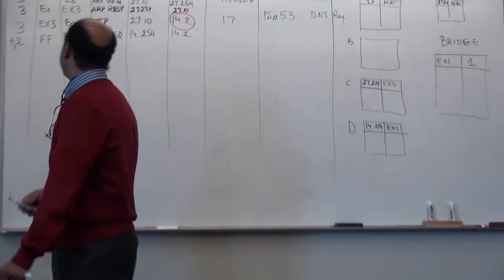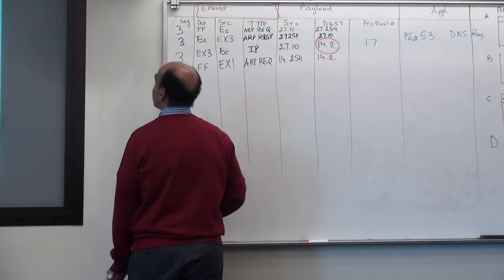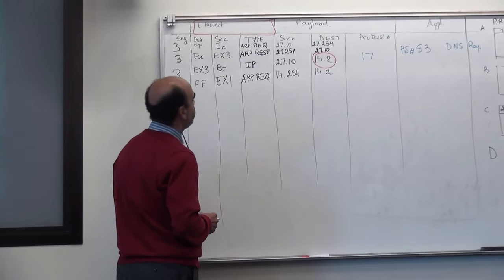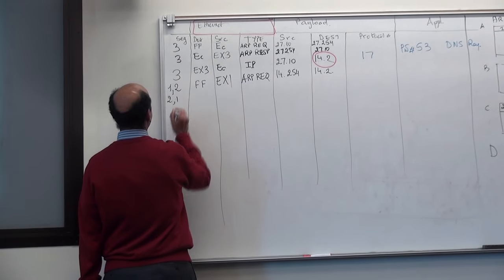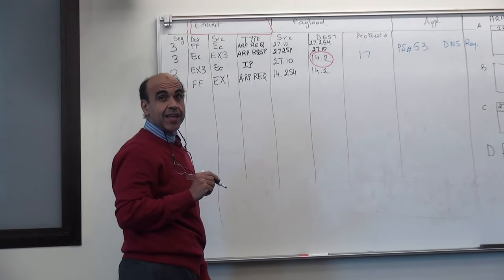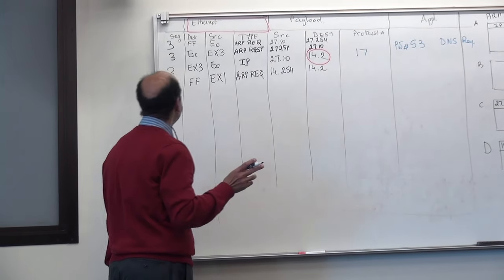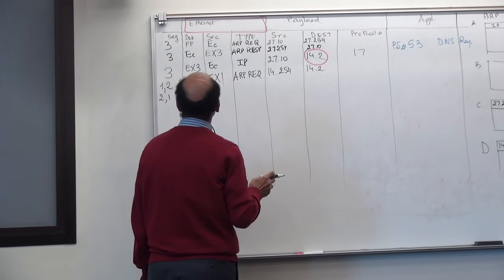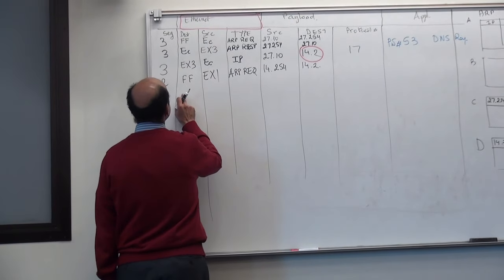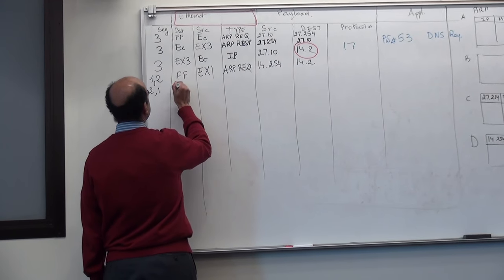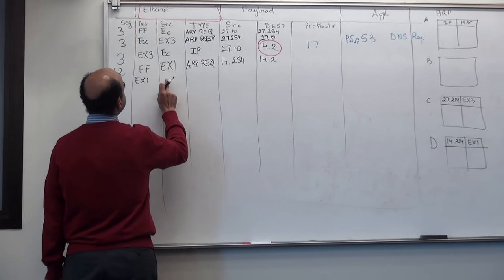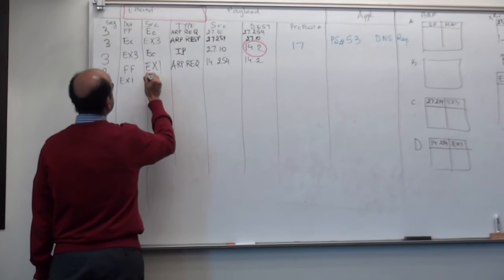So what it will respond will appear where? On 2 and on 1. Will it appear on 3? No. Now, to whom are we sending these? To EX1. Who is sending these? ED.